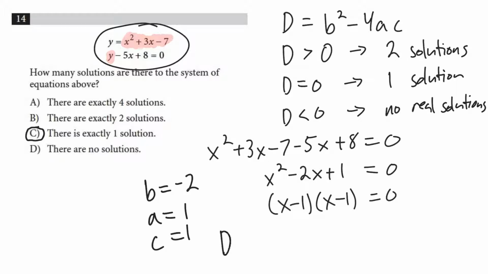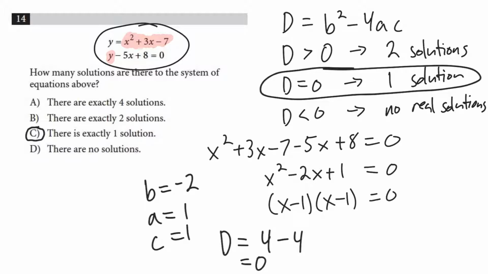So the discriminant equals b squared, so that's going to be 4, minus 4 times 1 times 1, which is just 4, and that's going to be 0. So yeah, we are going to be having just 1 solution.